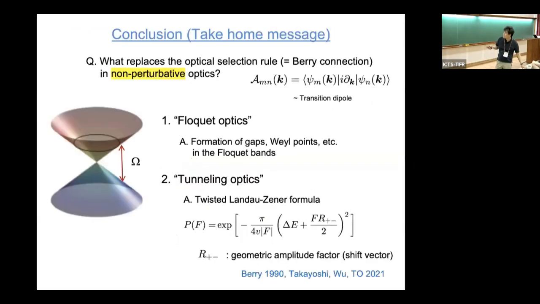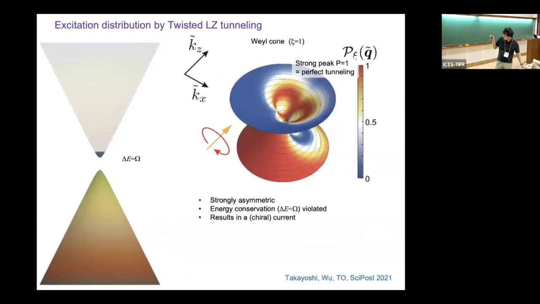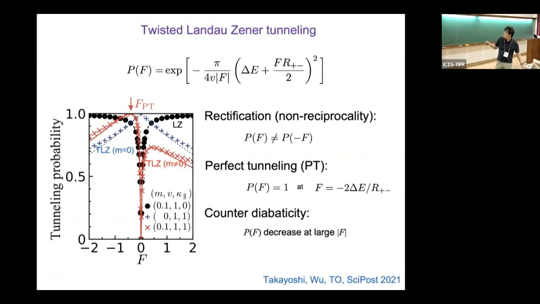Yes, that's where the non-reciprocity is. Yes, but we are interested in that tunneling. So we are interested in how big the tunneling is here compared to this side. Okay, that's the non-reciprocity in this problem. Yeah, thank you. Okay, more questions?